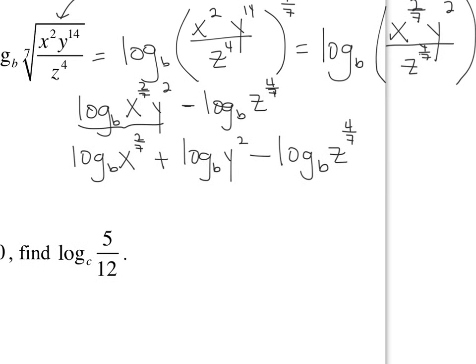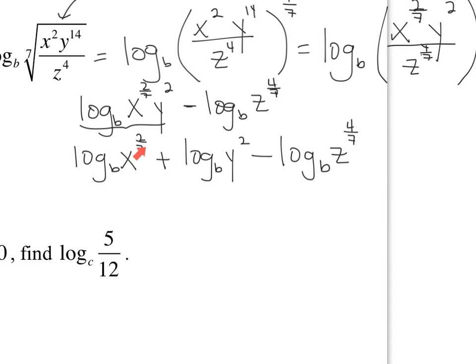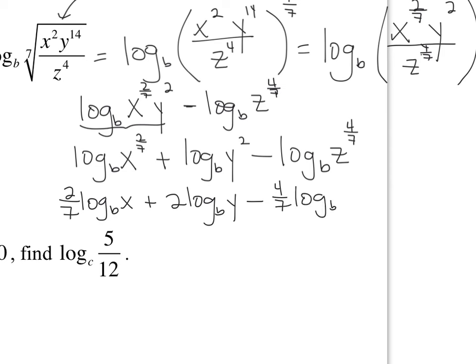And then one final step is to take your exponents, the 2/7, the 2, and the 4/7, and move them in front. So you'd have 2/7 log base b of x plus 2 log base b of y minus 4/7 log base b of z.